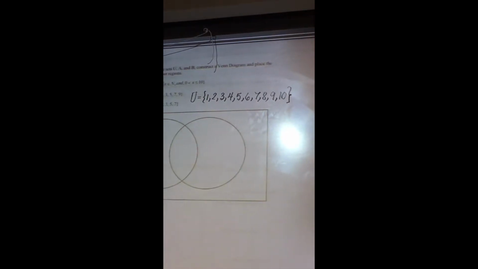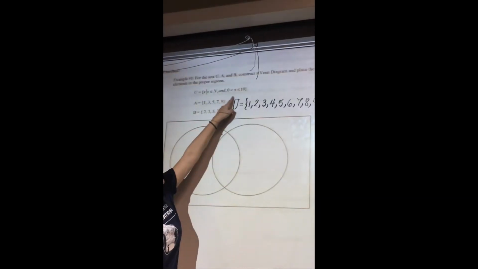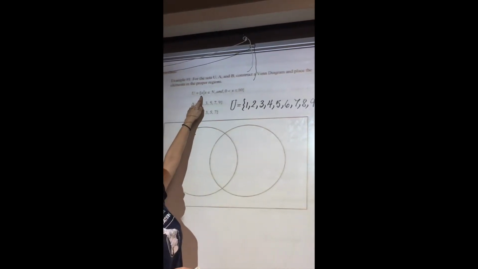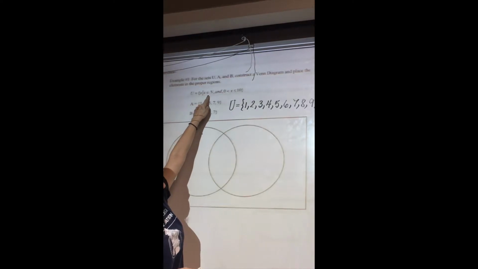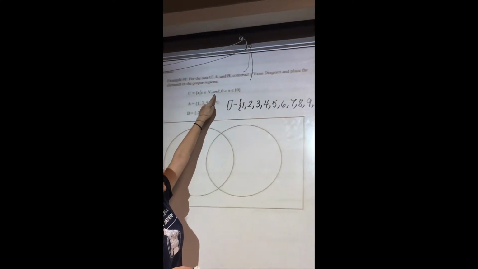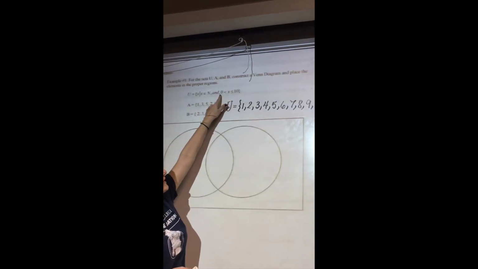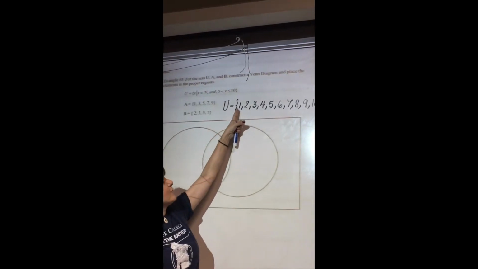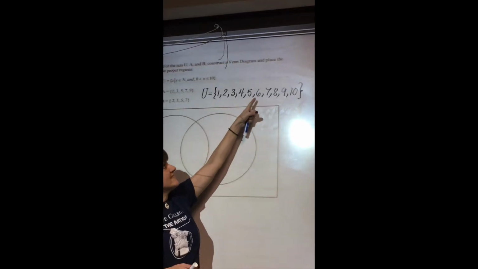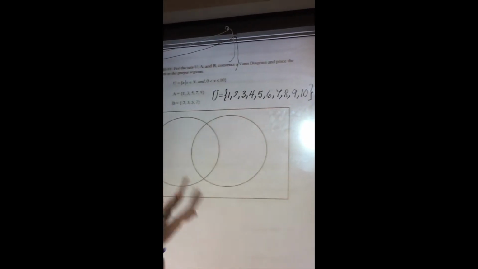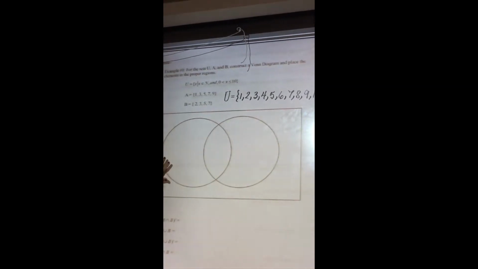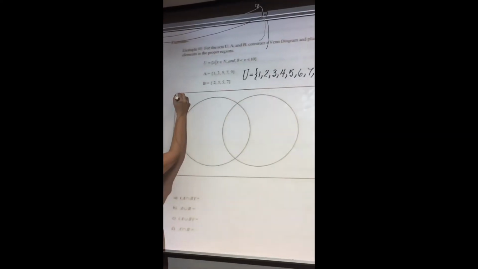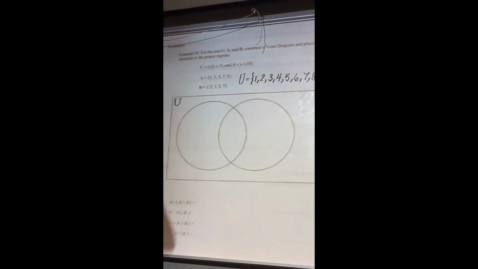I know these because the set builder notation of the universal set is all numbers that are natural numbers greater than 0 and less than or equal to 10. So all of these numbers have to be included in here somewhere. So there is my universal set, the whole thing.